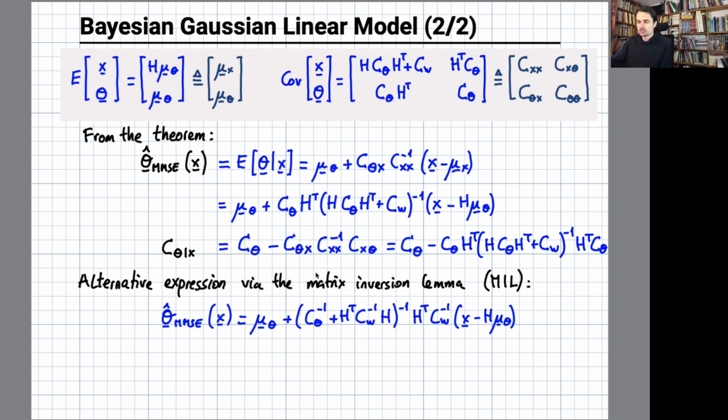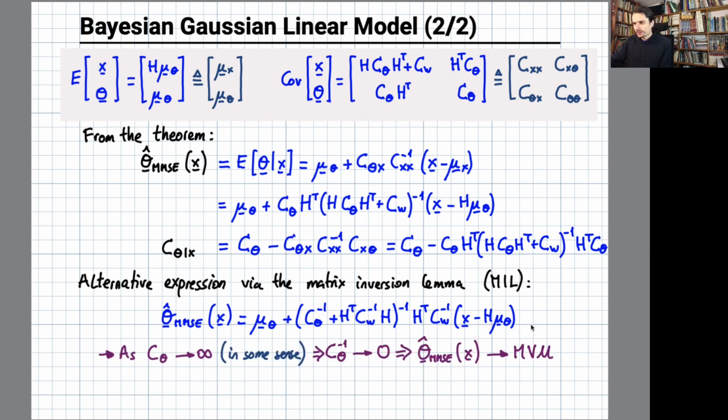You can just Google it. There is a homework exercise where you will have to derive this lemma. Okay, so the point is that we can just use it here to write this expression in this equivalent way.